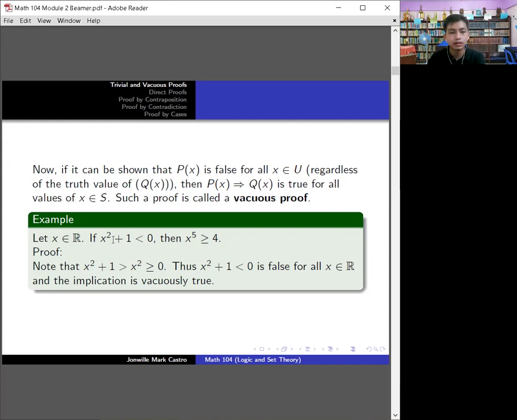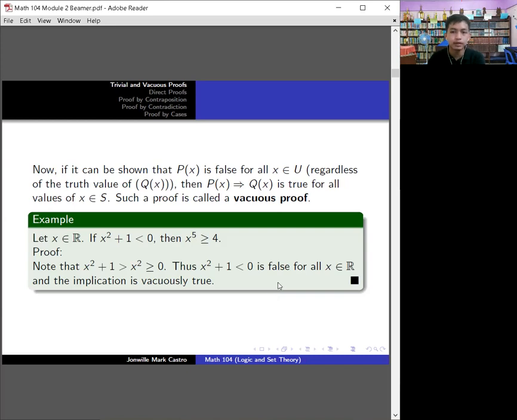Kasi never siyang magne-negative. Okay? So since false yung if statement natin for all x, yung implication natin is vacuously true. So, regardless nung kung totoo man tong x raised to 5 is greater than or equal to 4, naipakita natin na always false yung if statement natin, then meron tayong vacuously true statement. Okay?